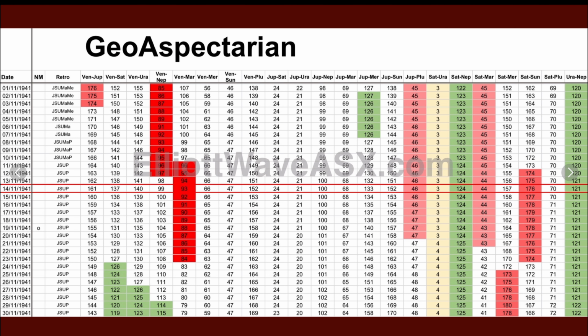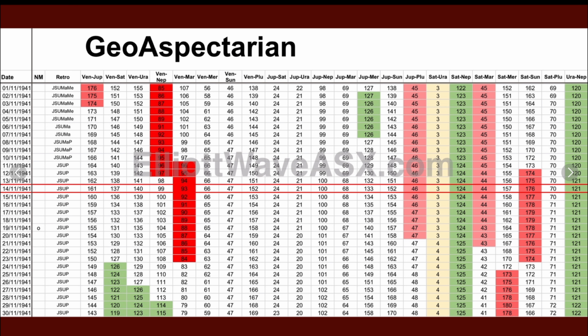Now if we look at the Geo-Aspectarian for the high on the 14th of November 1941, nearly 12 months later, we see that Venus-Mars is square, Saturn-Uranus conjunct, Saturn-Neptune in a trine, Saturn-Sun opposite, Uranus-Neptune in a trine.